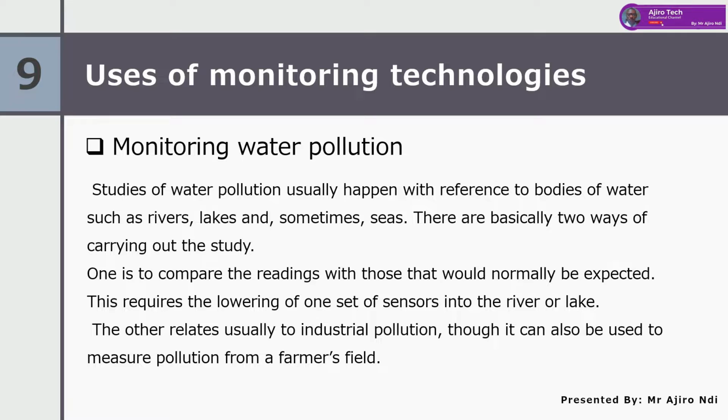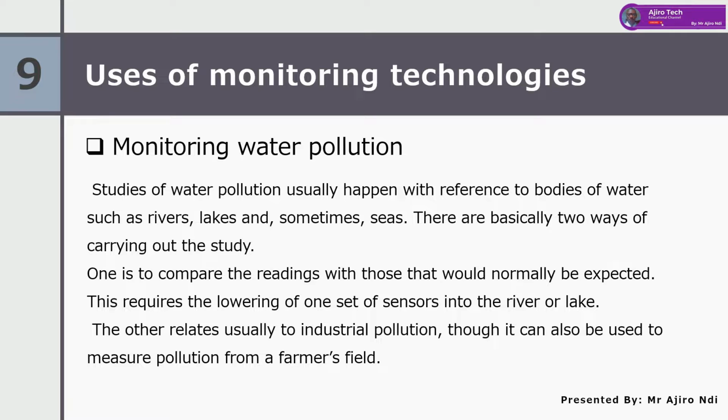This system operates the same way as the weather station, with sensors feeding data to an ADC, and then the computer processing these two sets of data. The sensors involved include the temperature sensor and the pH sensor.